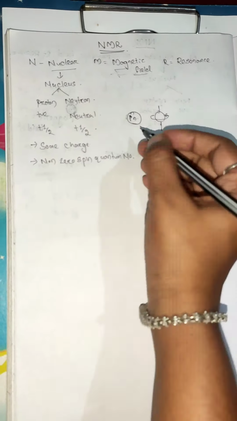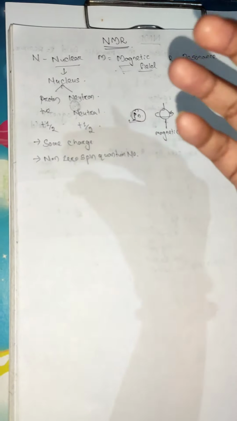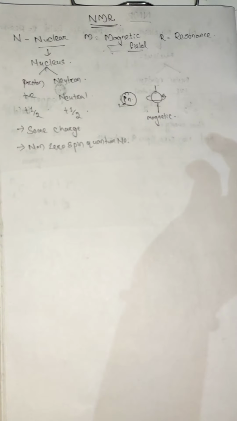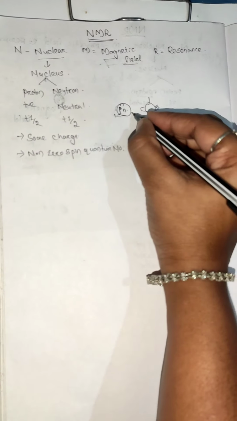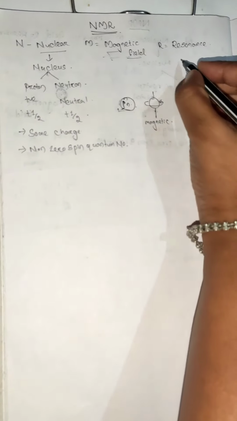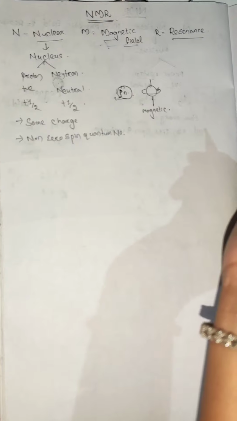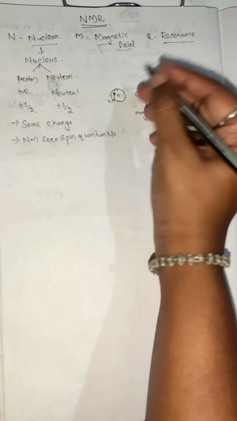And when the proton absorbs some amount of radio frequency, and if this frequency is similar to the nuclear radiation, then this phenomenon is known as resonance. Is this clear?